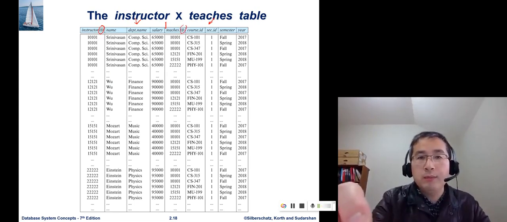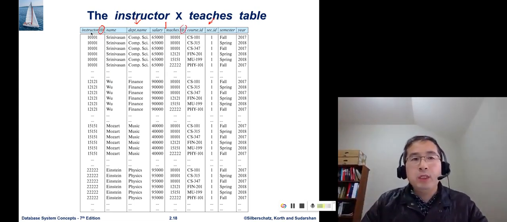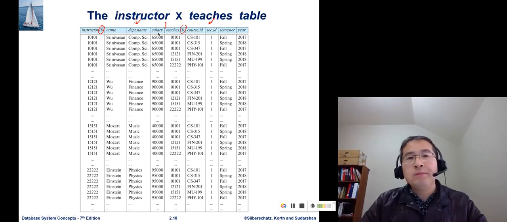So we want to differentiate the source, which table's attribute, which table's ID. So we can add the table name and then use the period, the dot operator, to differentiate these two, because we don't want to mix them, since they are not always equal to each other, correct? So this is the reason.